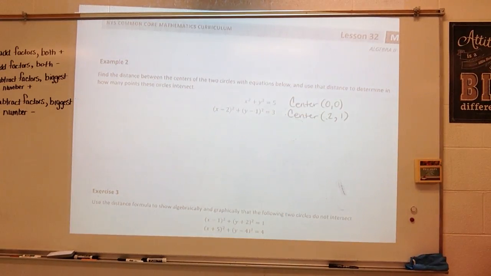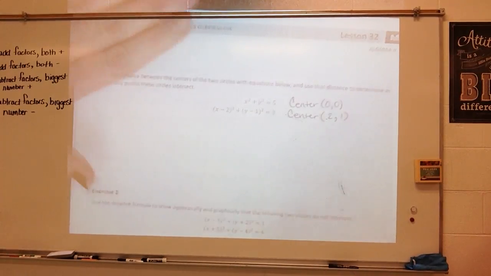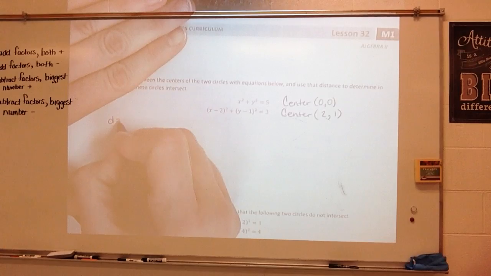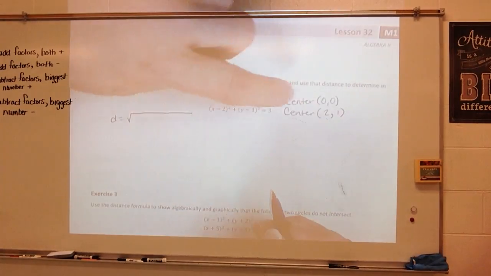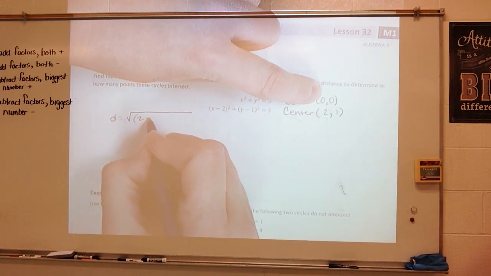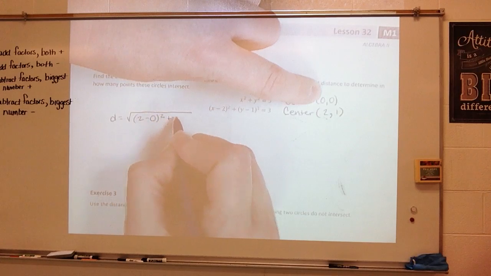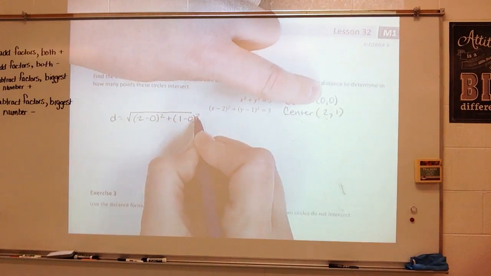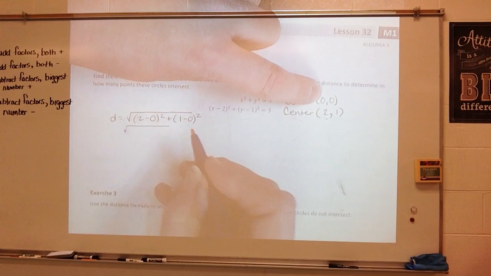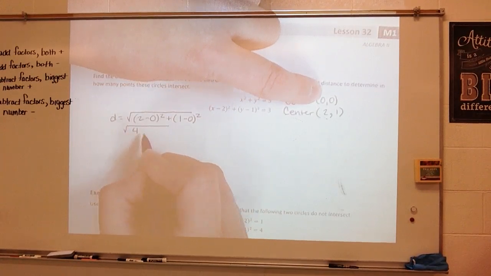So now using the distance formula, I can find the distance between my 2 circles. So D is equal to the square root of 2 minus 0 squared plus 1 minus 0 squared. So 2 squared is 4, and 1 squared is 1.